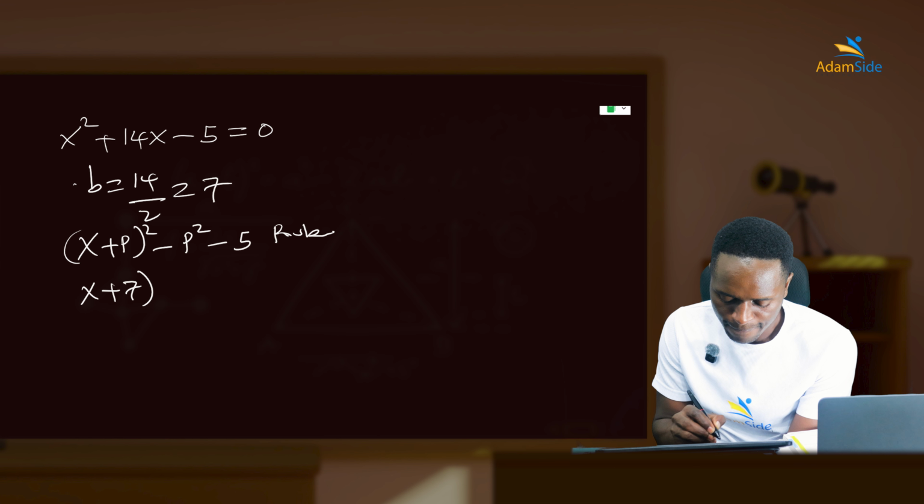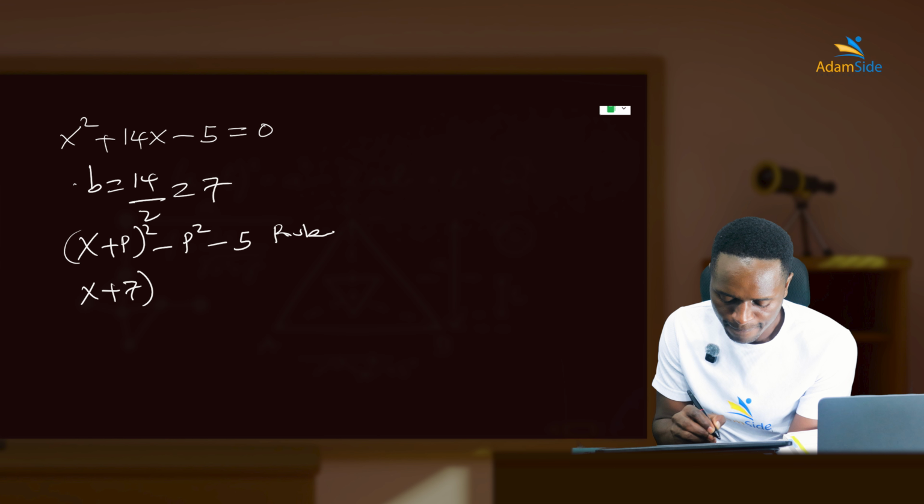Then your answer will be x is equal to negative 7 plus root 54 or negative 7 minus root 54. This gives you the correct answer. So the majority of the questions are solved like that.